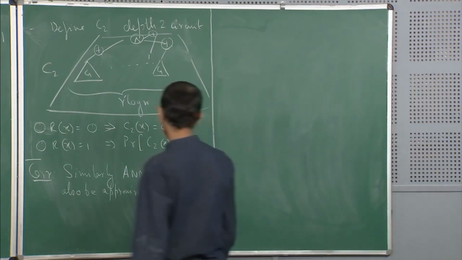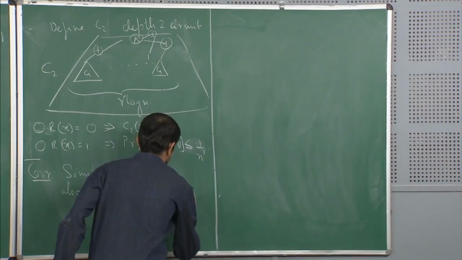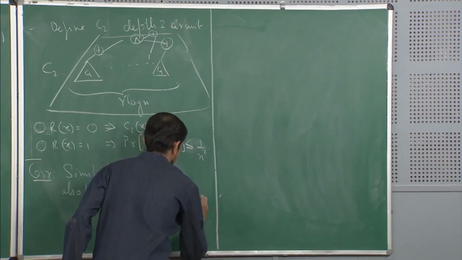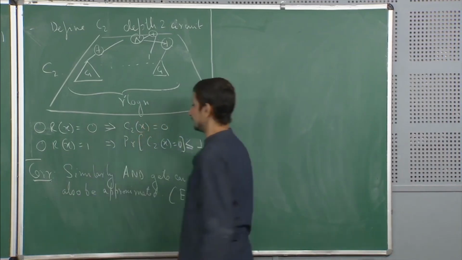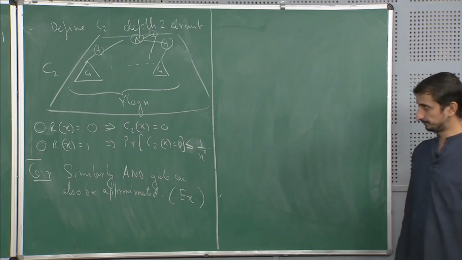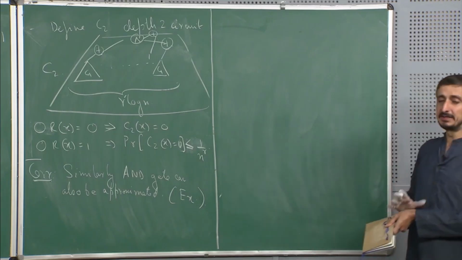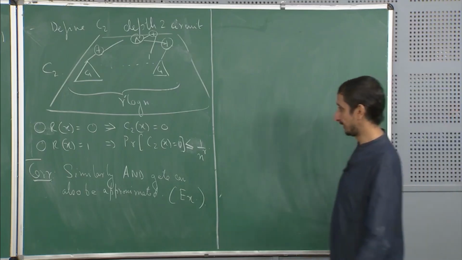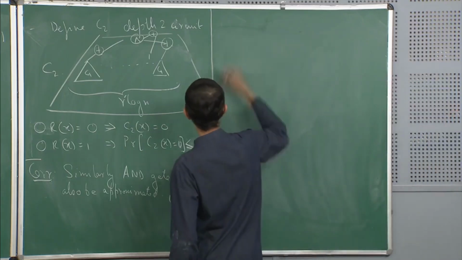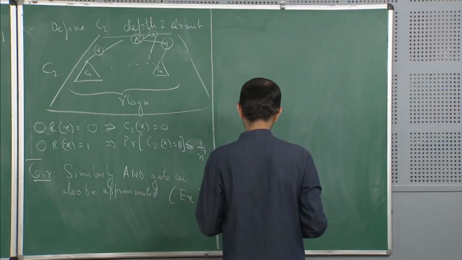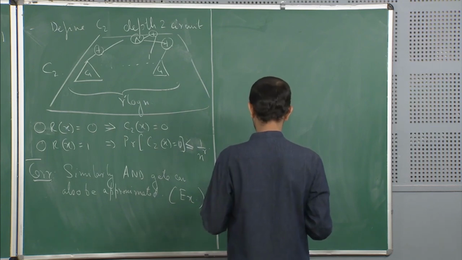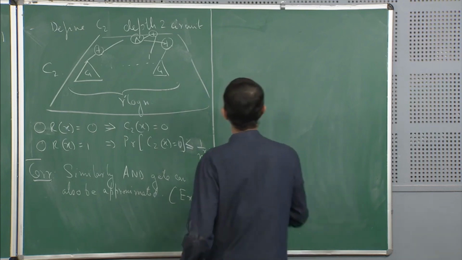I'll just call this an exercise for you to try. Again, it is just a standard way of applying De Morgan's and doing it, nothing fancy over here. Now what do we want? For a general circuit.